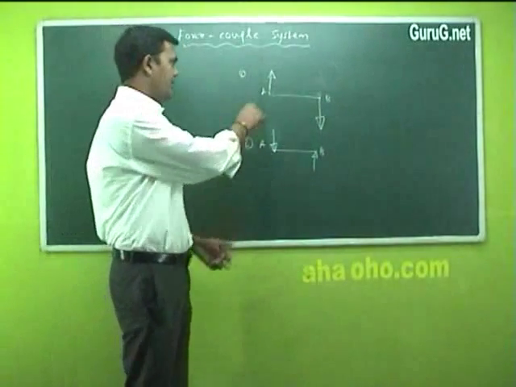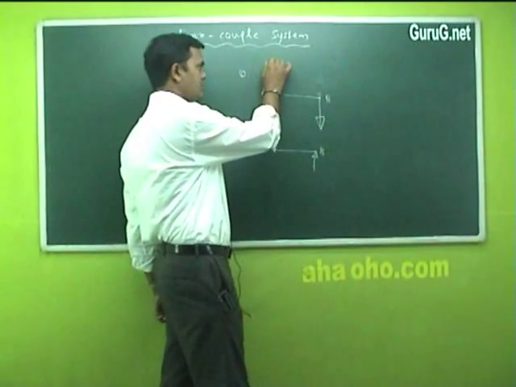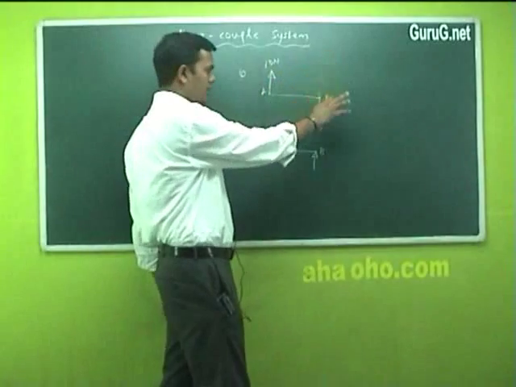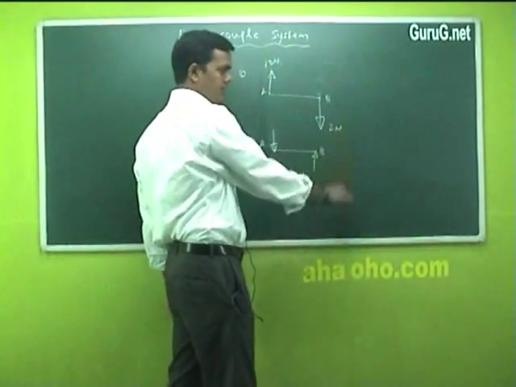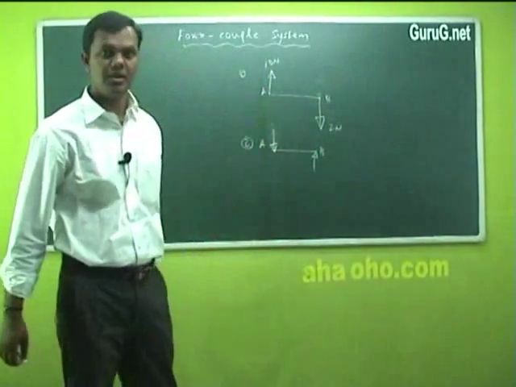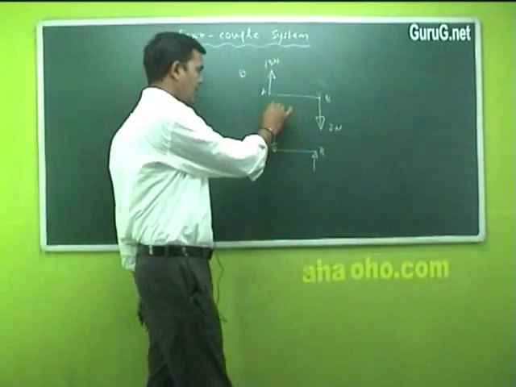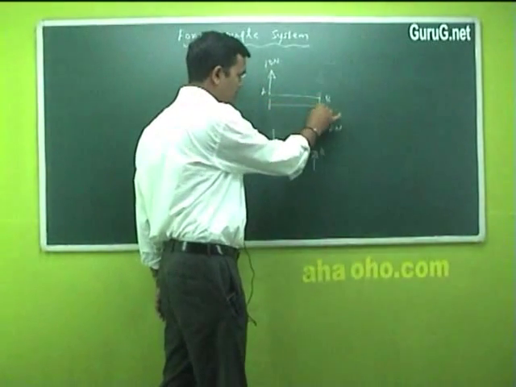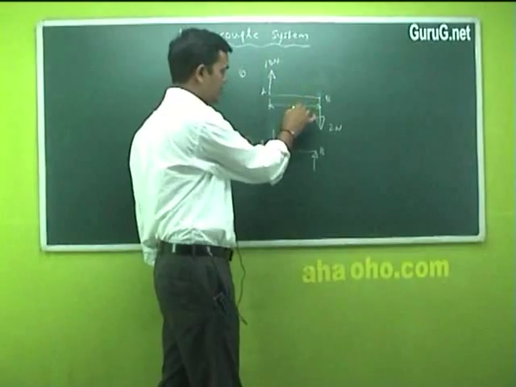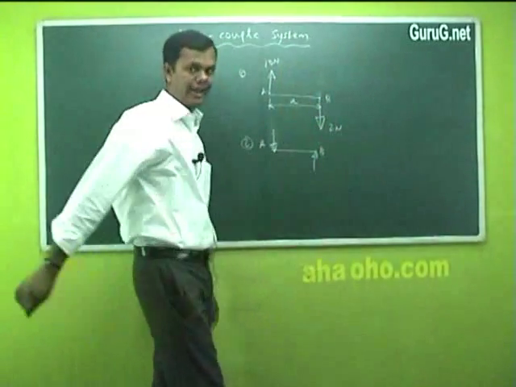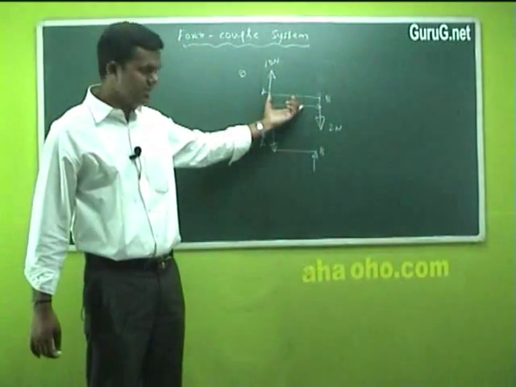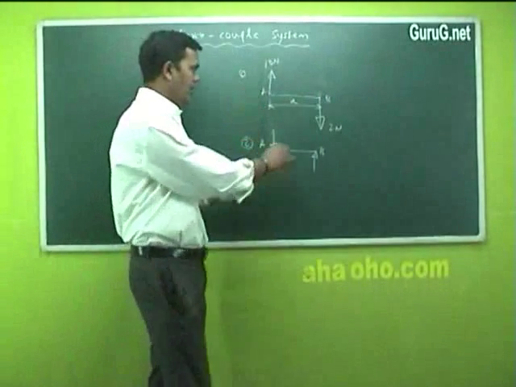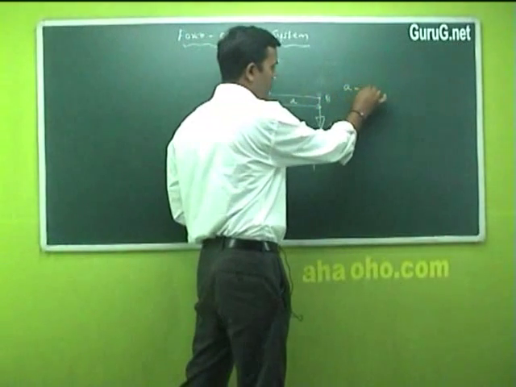If at point A a force of, suppose, 10 Newton is acting, and another, just as an example, 2 Newton is acting at a different point, you should have a distance between these two forces. I'll take this distance as a, and it is called the arm of the couple.